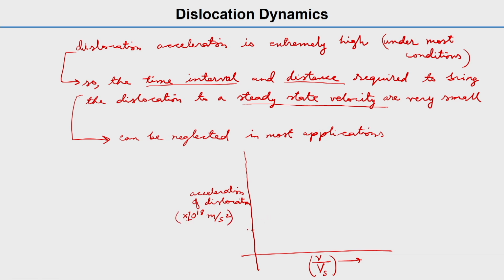Let's assume 5, 10, 15, and then 20. This limit is 1 when the dislocation velocity approaches the shear wave velocity. Here I would write 0.2, 0.4, 0.6, 0.8.